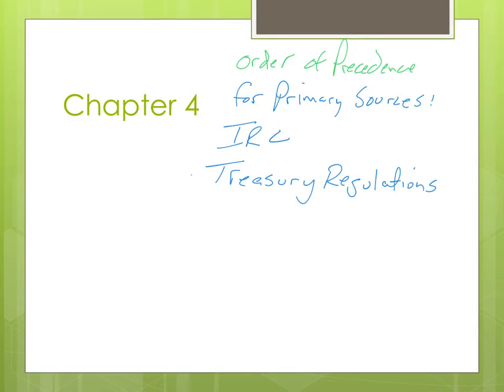So Treasury regulations are an administrative source. So let's talk about Chapter 4, and then we'll roll into Chapter 5, and then at the end, I'll wrap up with a larger discussion of the order of precedence, because I think that will be very useful.